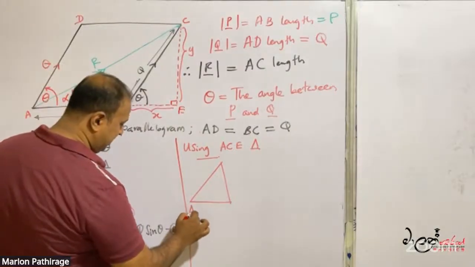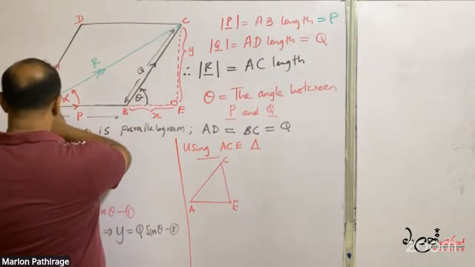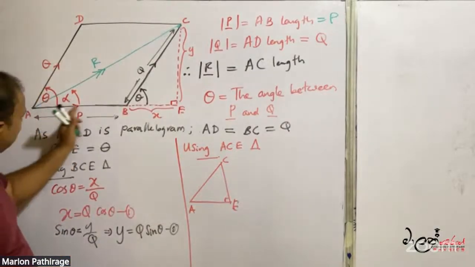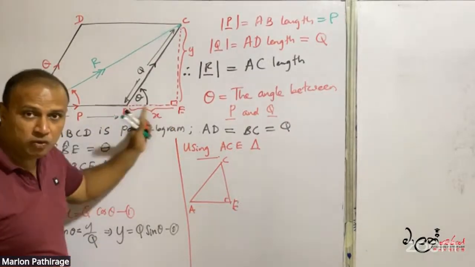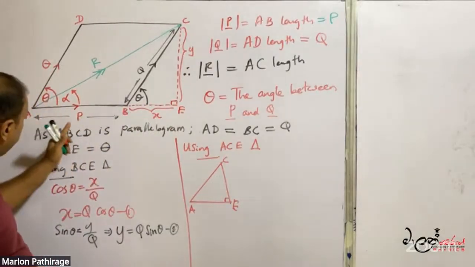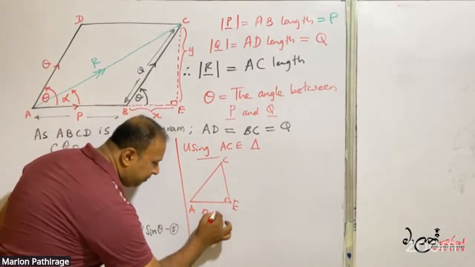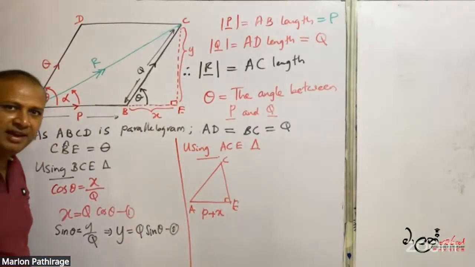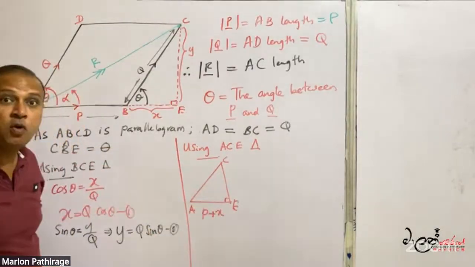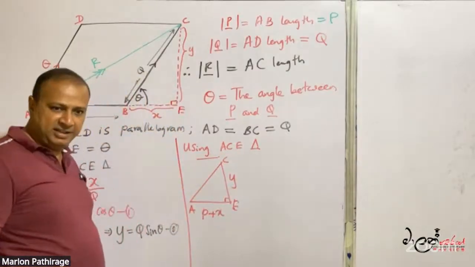This is A, C, E. Put A to E. What is AE length? AE length is equal to P plus X. Therefore, this is equal to P plus X. And CE is equal to Y. Is that clear?